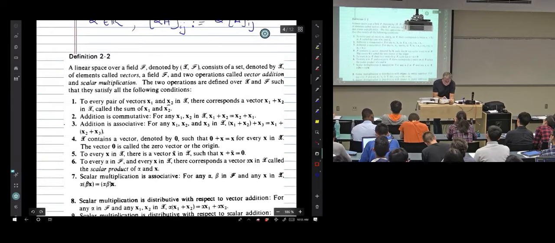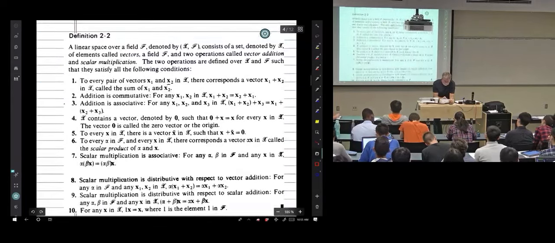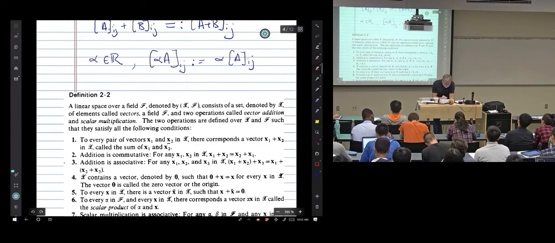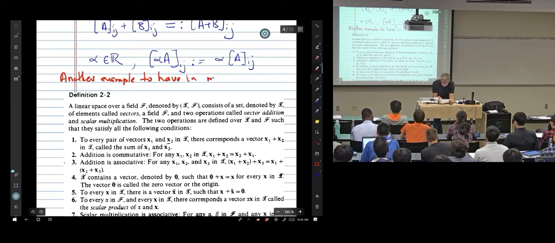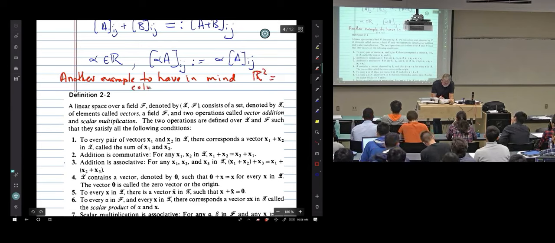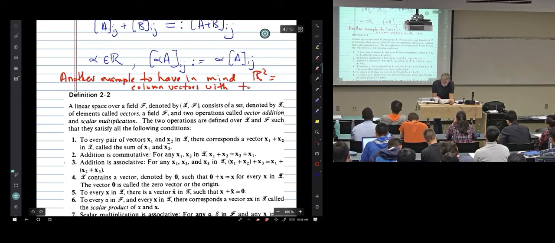Another example I want you to have in mind is just R2, column vectors with 2 entries, okay?